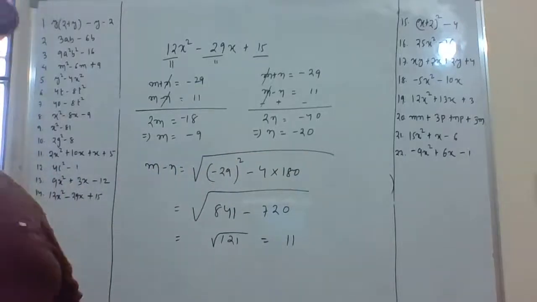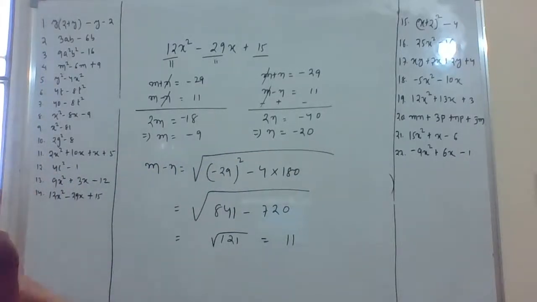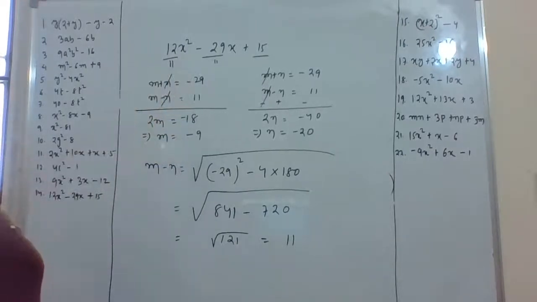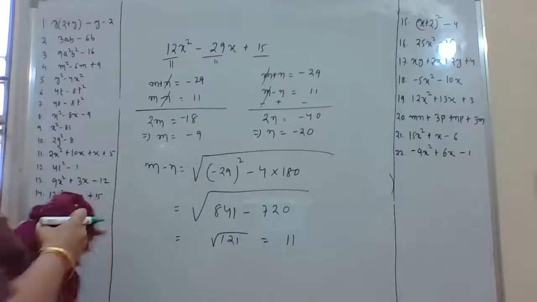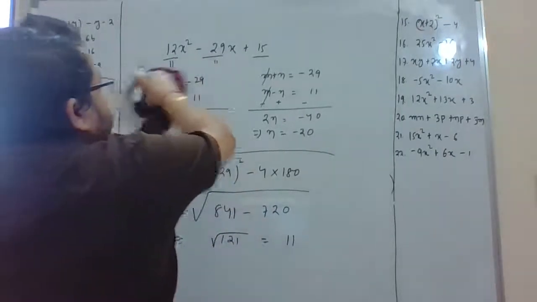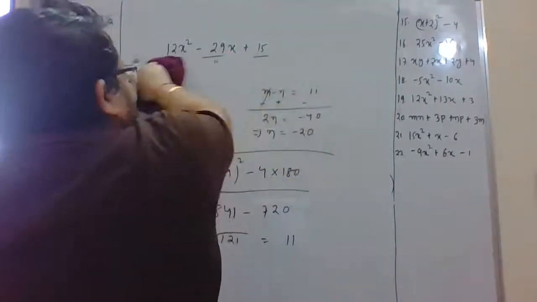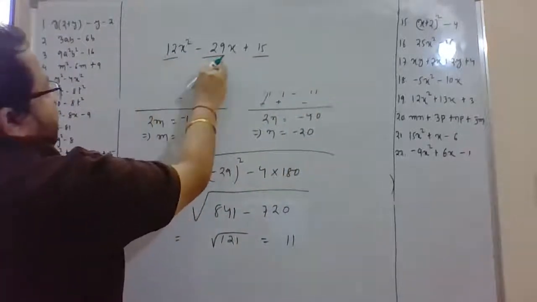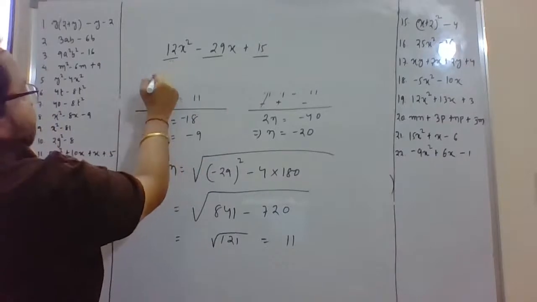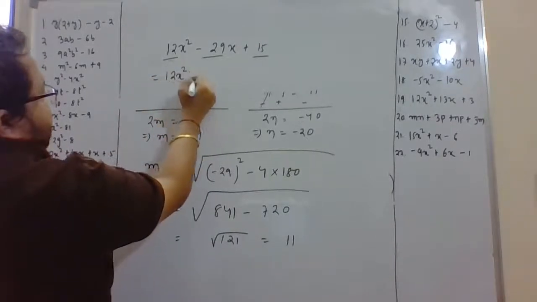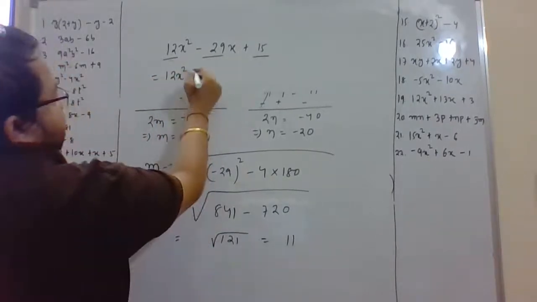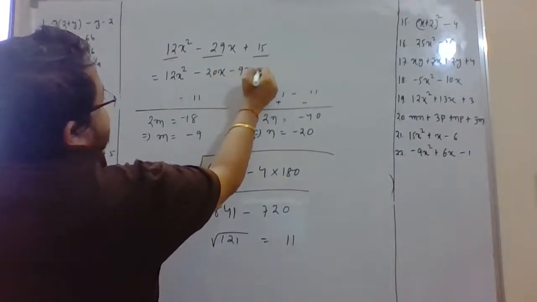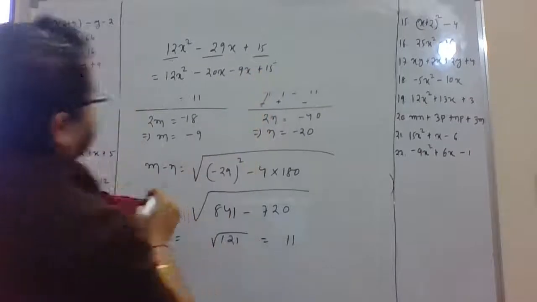Now we'll just replace these values in the first expression. Okay, so now I can rewrite this equation as 12x squared minus 29x, I'll write as minus 20x minus 9x plus 15.